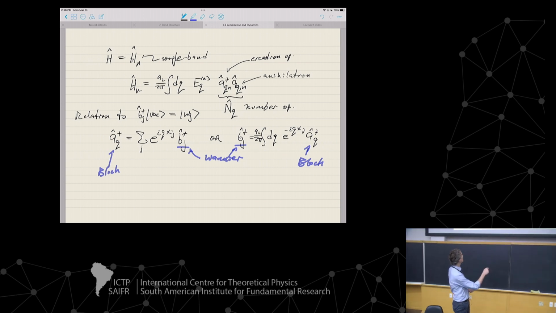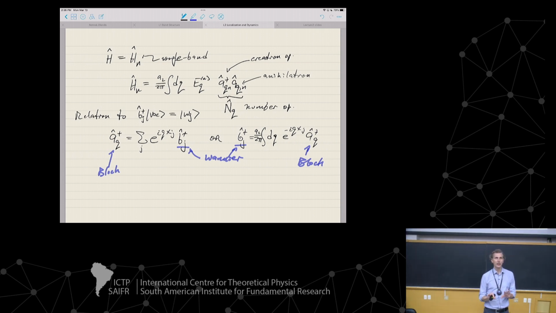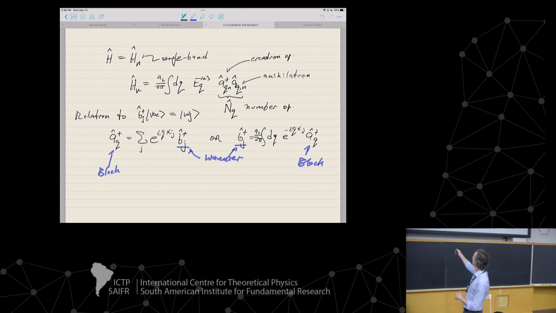So, in principle, what we need to do is think about a quantized volume with a box. And in my notes, you'll see that I put those two on equal footing. If you discretize the problem, so consider M lattice sites, then you can write the conjugate relations between Wannier and Bloch functions that look exactly symmetric except for a minus sign. Okay, so I'm going to stick now to integrals over quasi-momentum and sums over positions, but you can show those two spaces have the same volume.